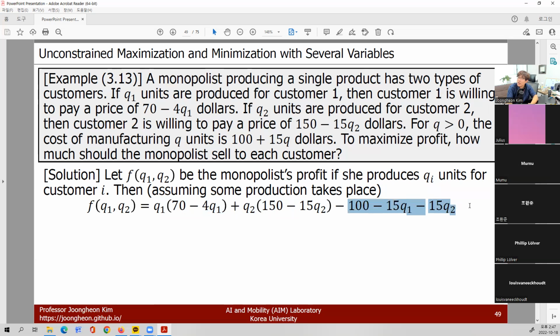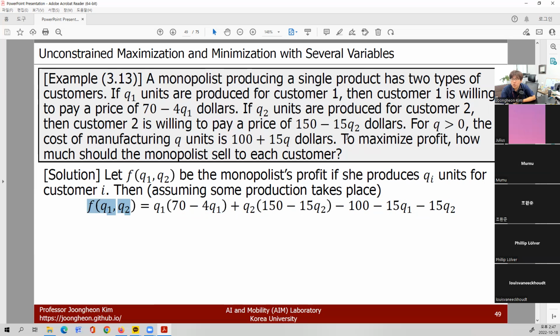So you are taking out the manufacturing cost here, right? Then what's this? This is your net income. You are having the earning money, your income minus the manufacturing cost. Now your function F is your profit, your net income, right?